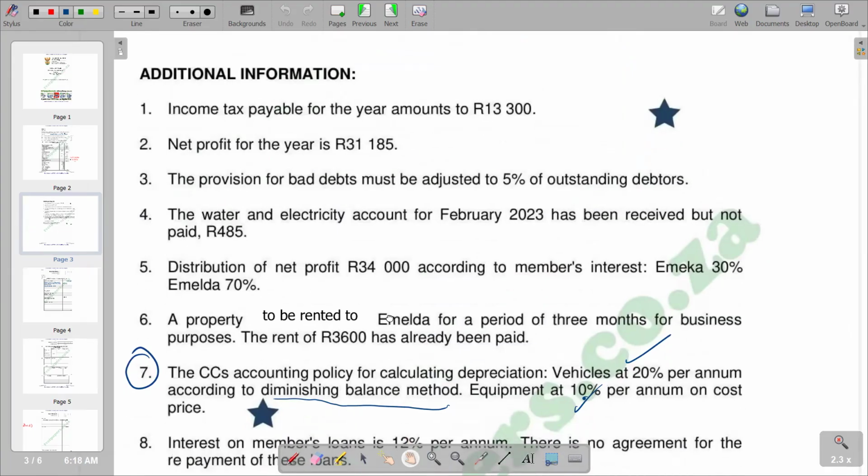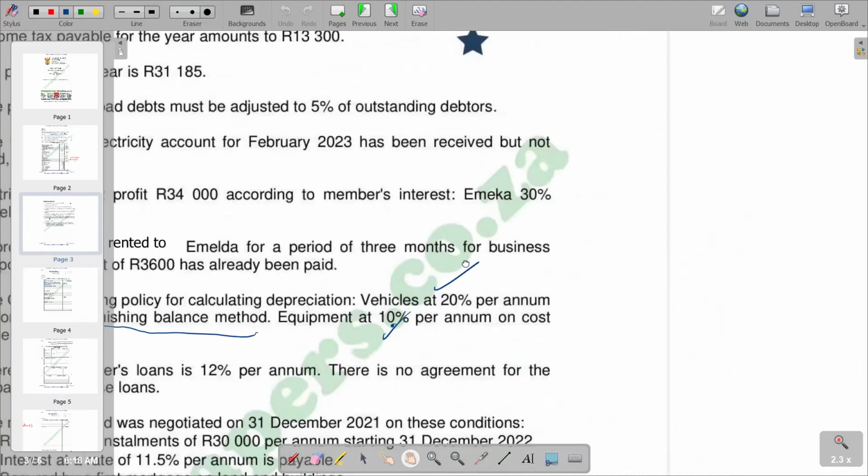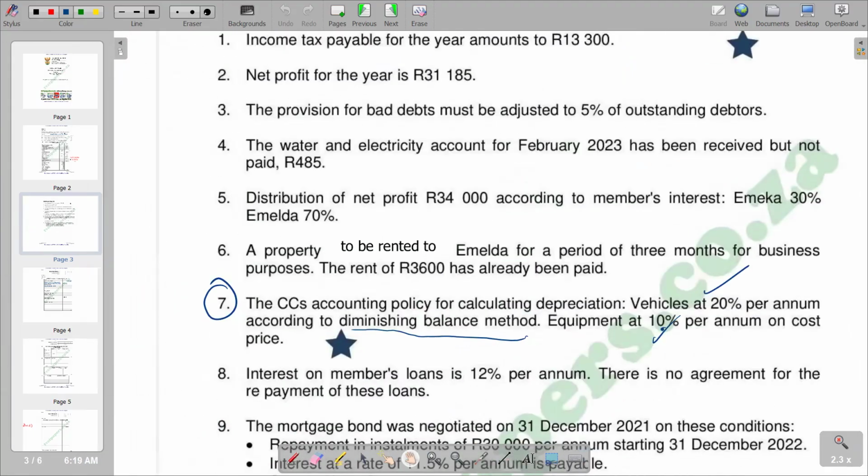So if you go down, you'd see that if you go to item 6, it reads: a property to be rented from a landlord for a period of 3 months for business purposes. The rent of 3,600 has already been paid.